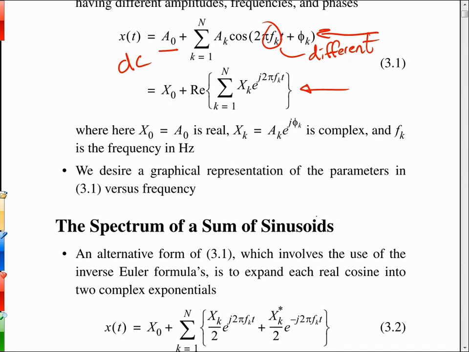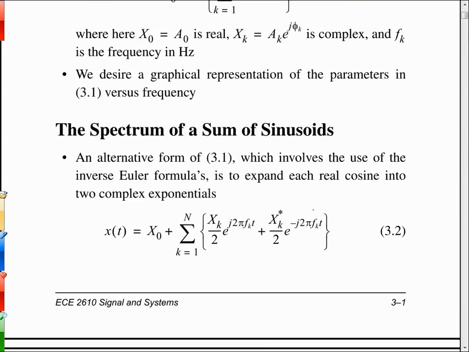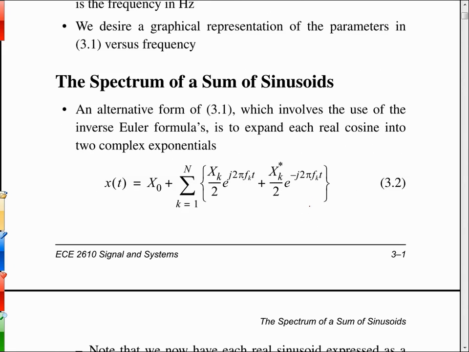So the way we get at this is this graphical representation where we use Euler's formula, Euler's inverse formula is how we get at our spectral representation. There's other ways of doing it, but this is the way that's most common, the way the book chooses to do it too. We break each cosine up into a positive spinning frequency and a negative spinning frequency.